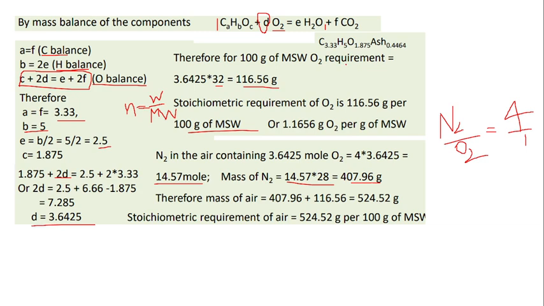You know the mass of the oxygen and the mass of the nitrogen. Add these both to find the mass of air required. So 407.96 plus 116.56 is 524.52 gram. This much mass of air is required for the complete combustion of 100 gram of municipal solid waste. So this is the stoichiometric requirement of air.